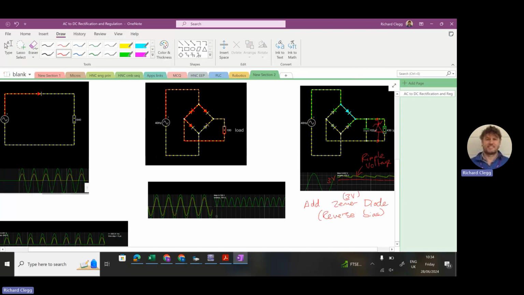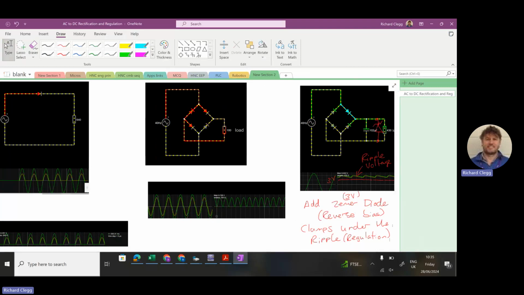The function that the Zener diode does is it clamps under the ripple. So this is also given the technical term as regulation. Effectively it regulates the voltage so it's nice and smooth underneath that ripple.